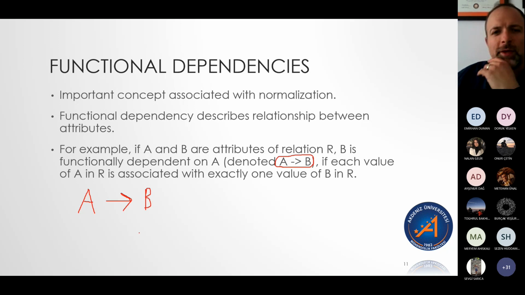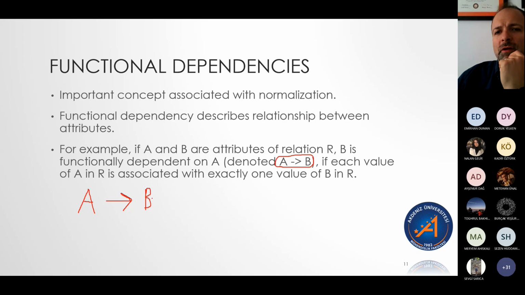There are a few different ways that we can read this. We can say A determines B. We can also say B is functionally dependent on A, or B is dependent on A. We would say that A is the determinant of this relationship.